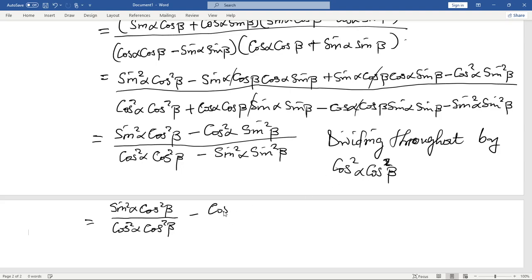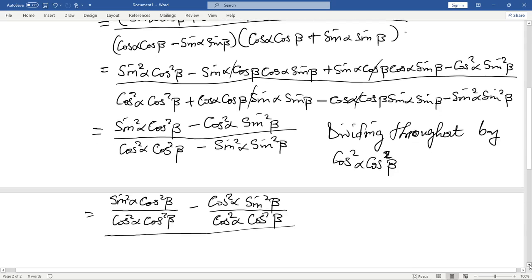So we have cos squared alpha sin squared beta divided by cos squared alpha and cos squared beta, like this. We do the same on the terms that we have on the denominator.